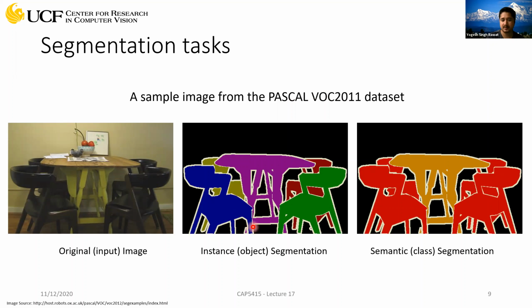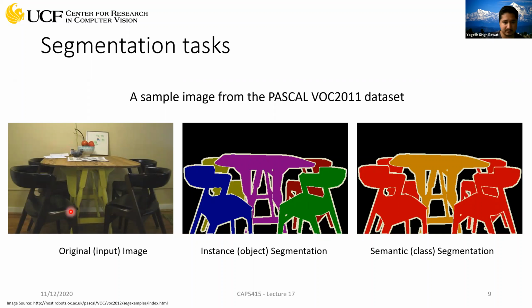One big difference between semantic segmentation and instance level segmentation is that in instance level, you have to tell which category each pixel belongs to, but then you also have to group those pixels which belong to one particular instance. All right, let me try to explain that.